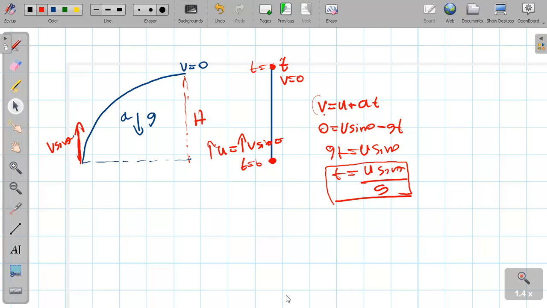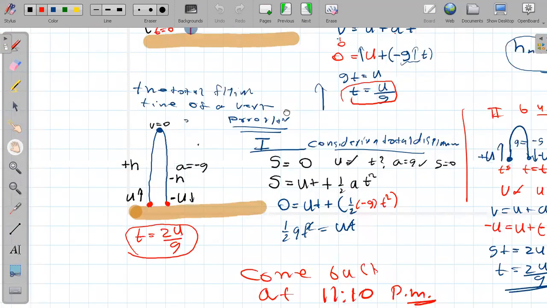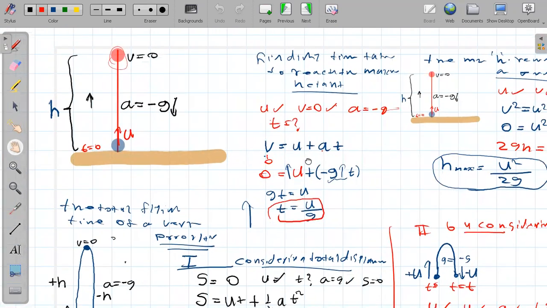Okay, look here, kids. This one is from the previous lesson, the lesson I taught you back in that day. Have a good look at here. See, in this one you can see the time. What is the time? U over g.